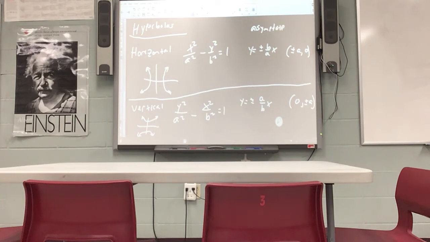And then the vertices are over there, just like they were for the ellipse. That's the equation for the asymptote. You can do it that way, but I don't. I just wanted to offer it to you, because there's always more than one way to skin a cat.